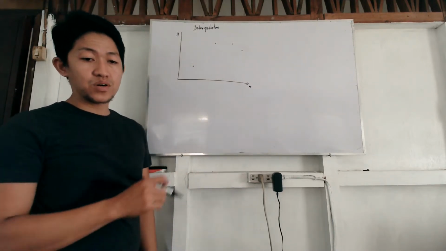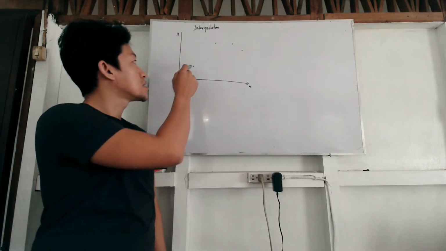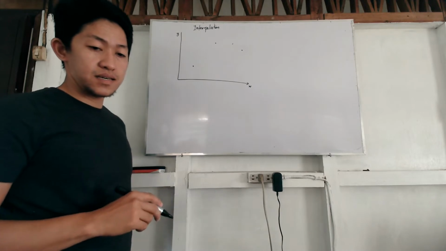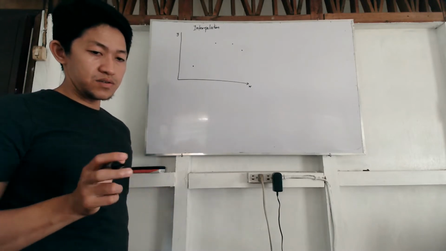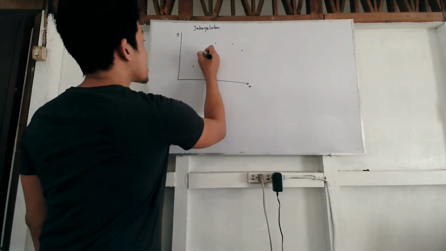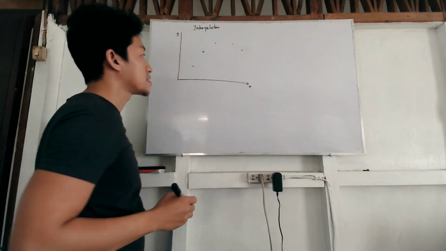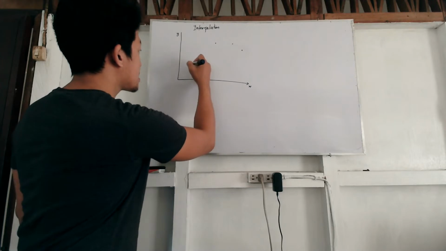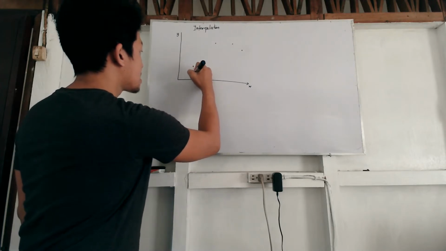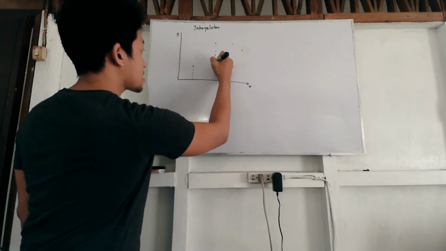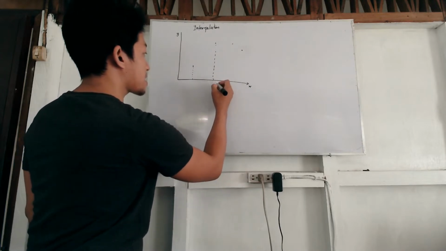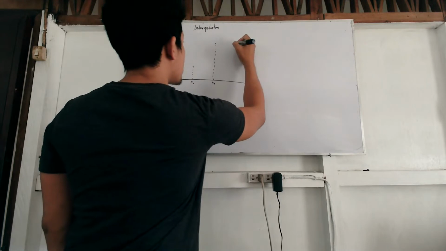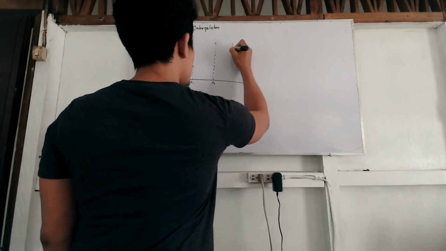Say for example, you have these 4 points, and you need the data somewhere here. Okay, so these are the corresponding x values, x1, x2, x3.